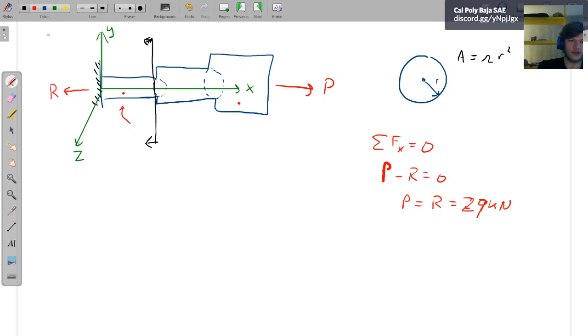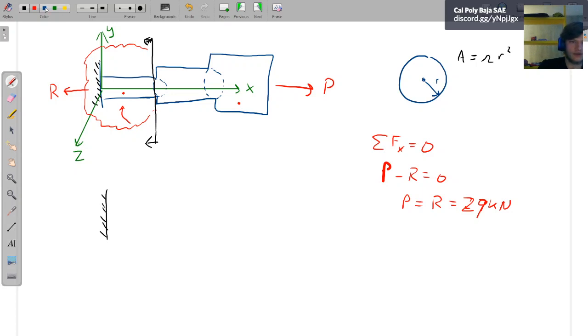So if I were to draw another free body diagram, we've got this section here. Let's see, I'll outline in red here what we're cutting. So we're going to draw another free body diagram just of this portion.